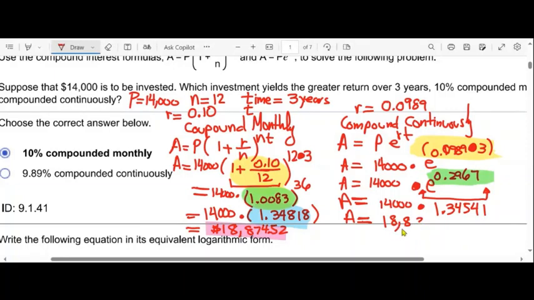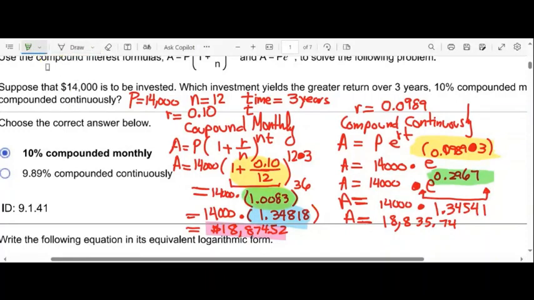Say it again: 18,835.74. Okay, so we got the answer at the end.